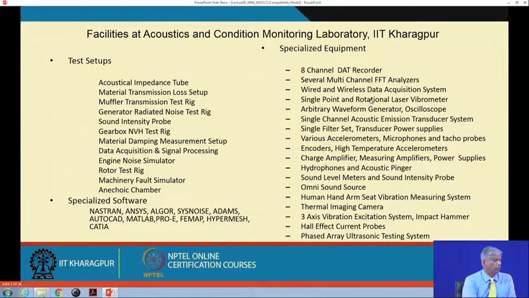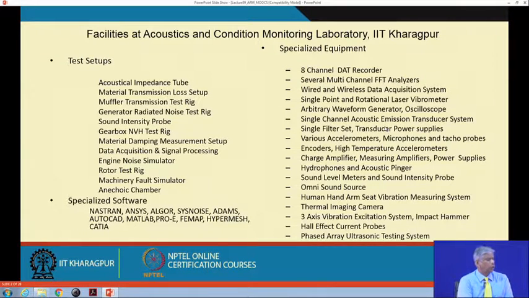We also have a couple of rotational laser vibrometers. For a lot of signal processing and underwater acoustic studies, we have arbitrary waveform generators and oscilloscopes. We also do studies in acoustic emission. We have a single channel acoustic emission transducer system. Again, for analysis, we have a lot of filter sets.